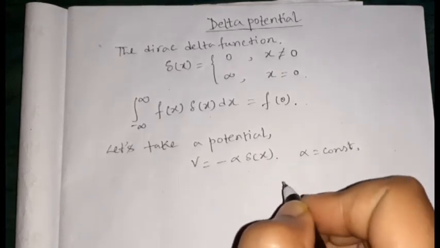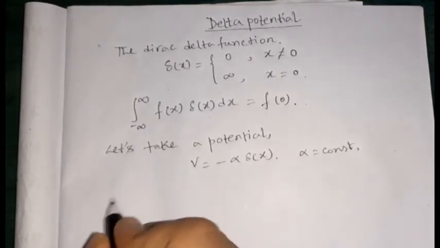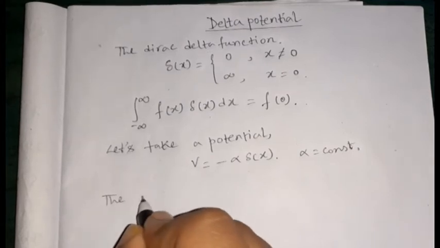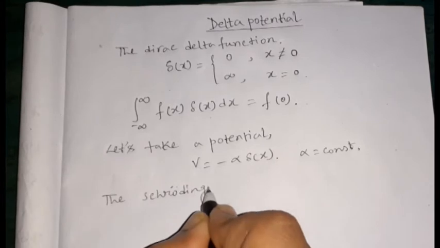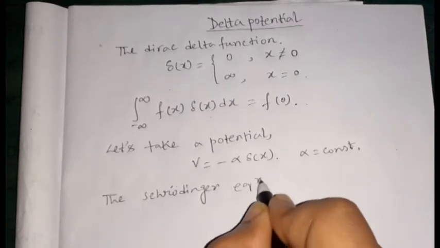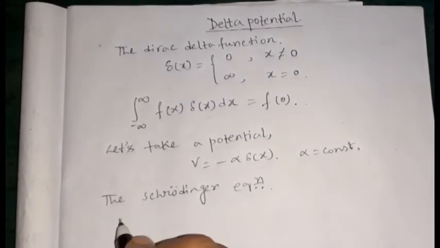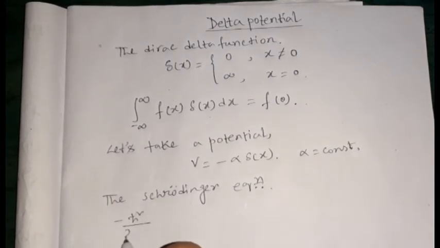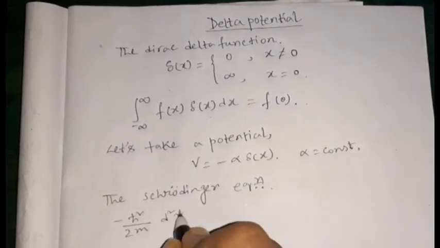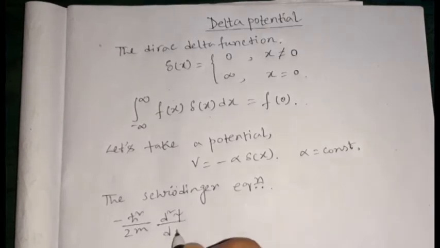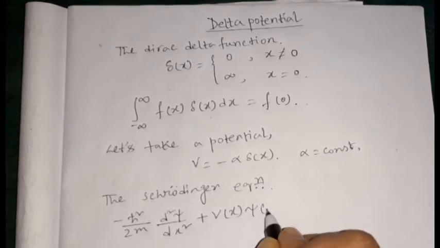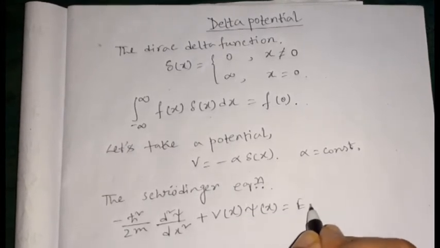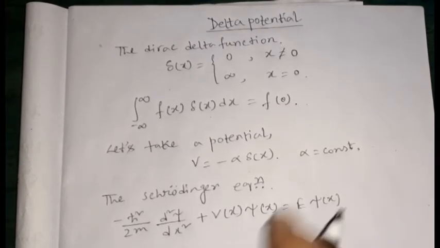Now to solve this, first we have to write the Schrodinger equation: minus ħ square over 2m d2ψ/dx square plus V(x) ψ(x) equals E ψ(x).